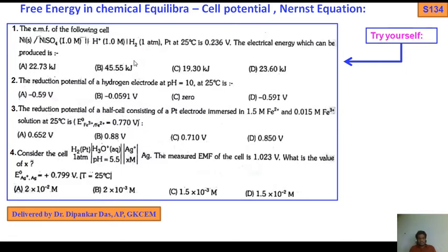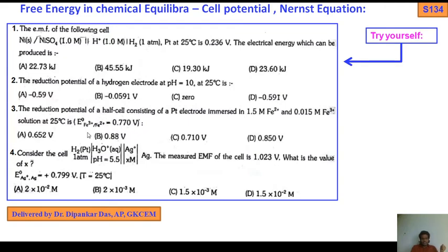Reduction potential of hydrogen electrode at pH 10 at 25 degrees centigrade. So in a basic medium, what will be the value? Next, the reduction potential of a half cell consisting of a platinum electrode immersed in 1.5 molar Fe2 plus ions and 0.015 molar Fe3 plus solution at 25 degrees centigrade, E0 Fe3 plus/Fe2 plus equals 0.77 volt.